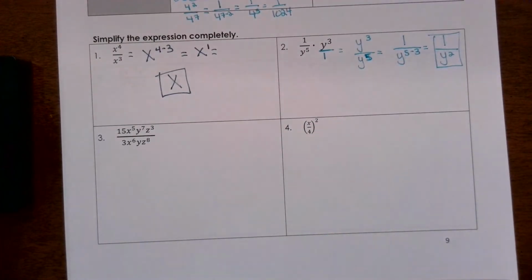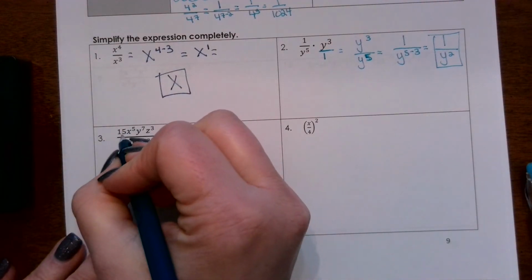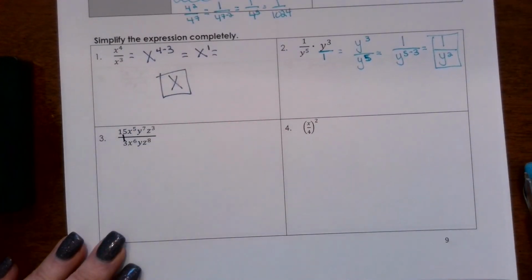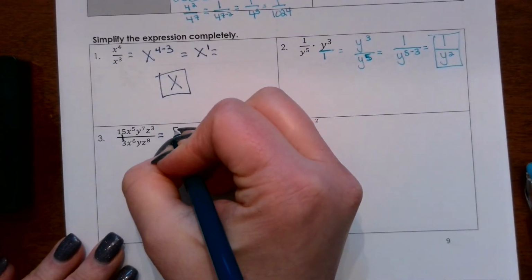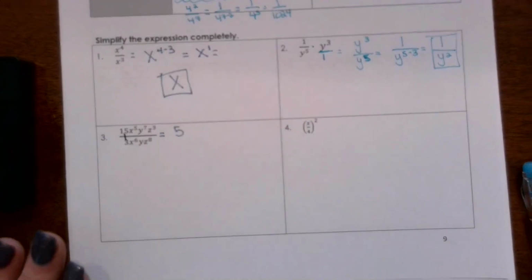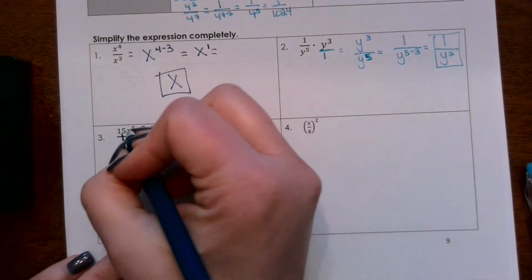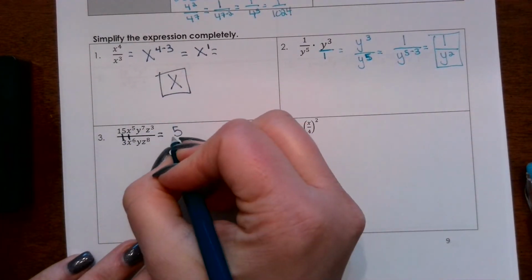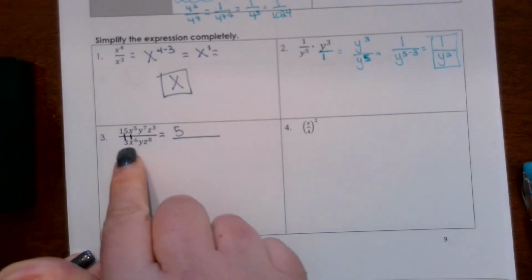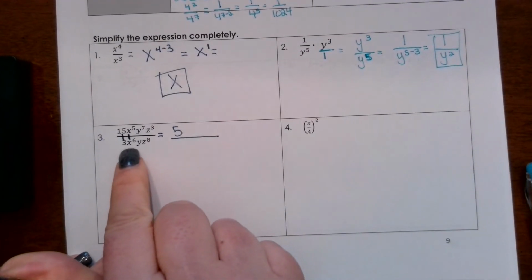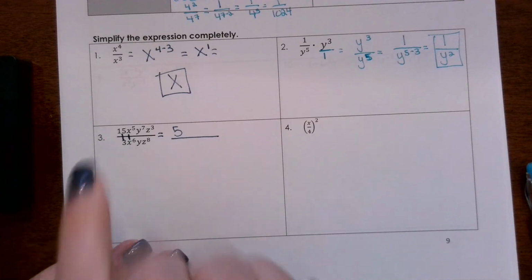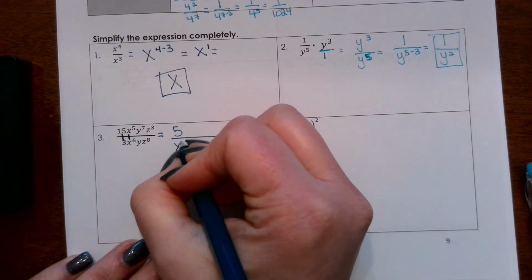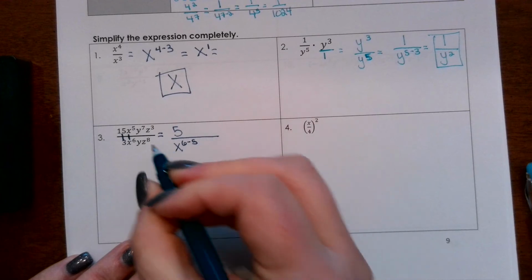Righty, let's look at this next one. A lot going on. The first thing I've got is 15 divided by 3. I know that equals 5. So 5 is going to be in the numerator. Now I've got x in the numerator and denominator. My 6 is bigger, so I'm going to move that to the denominator. I've got x to the 6 minus 5.